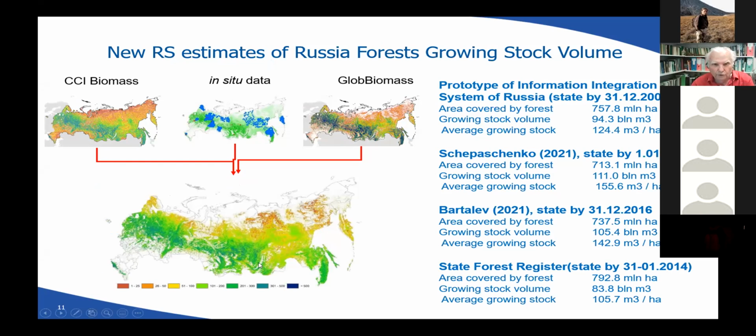Because if you look at official data, we now have a growing stock of Russian forest of 84 billion cubic meters. Shvidenko said yesterday 111, and Bartalev said 105. Generally the difference is 20 billion cubic meters for Russia.